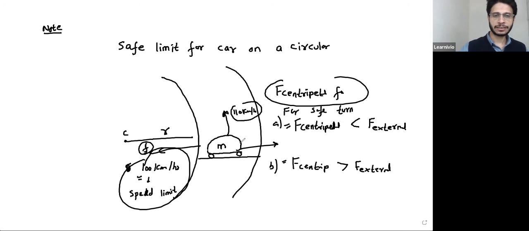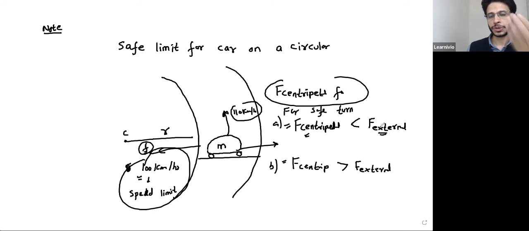So I'm asking that for a safe turn, there are two forces involved. One is the centripetal force, which is the requirement, and the second is the external force, which is the supply.